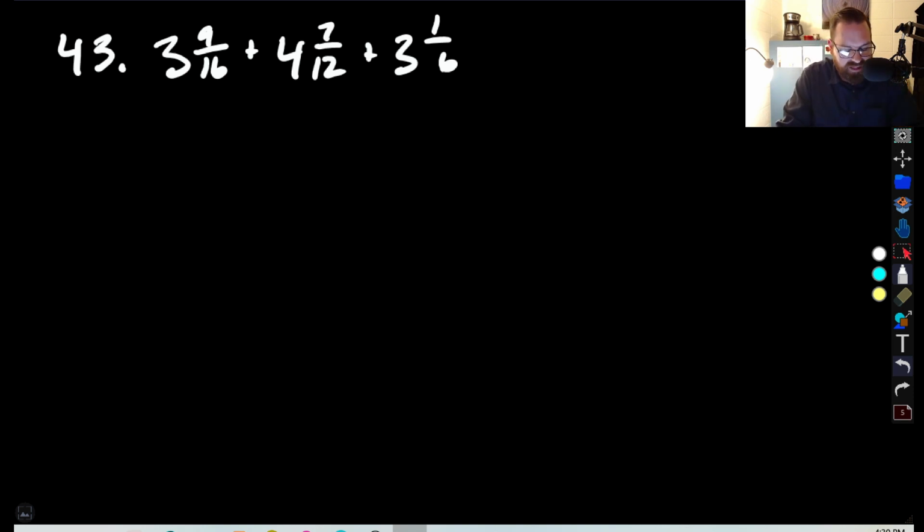With mixed numbers, the process is pretty much identical to what we've been doing up to this point. All we have to do is combine together the coefficients, so the 3, the 4, and the 3. We'll combine those together: 3, 4, 3, 3, 7, 10.